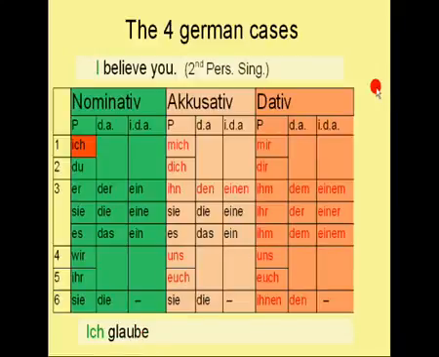Now you is obviously the object of the sentence, and the question is is it a direct object or an indirect object? Well, in German, after the verb glauben, the object is indirect. Therefore, we have to look at the dative case. Here, at the second person singular. Which one is it? Dir. Therefore, the sentence is Ich glaube dir.